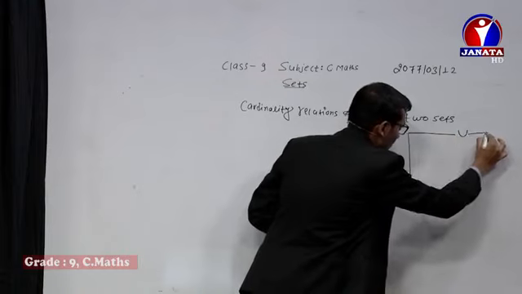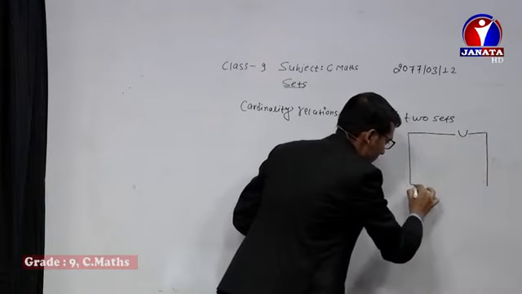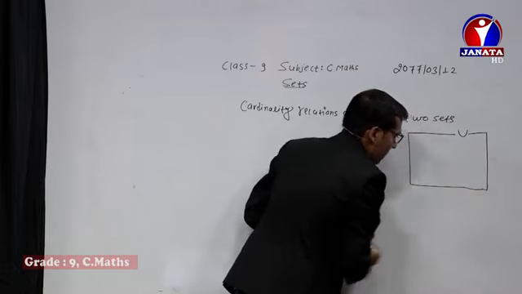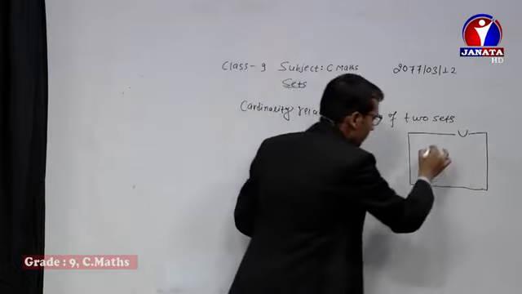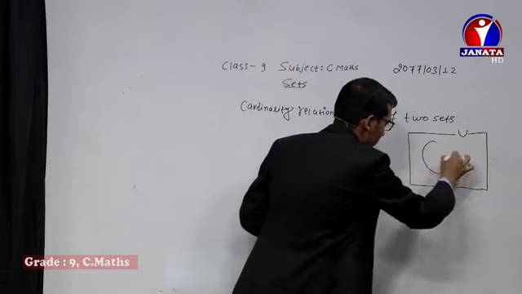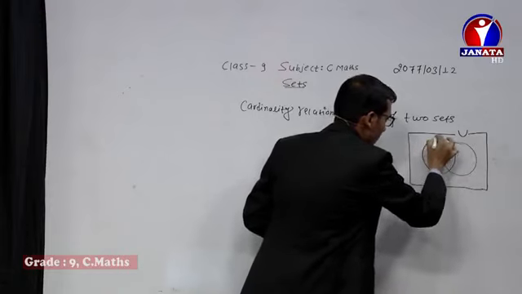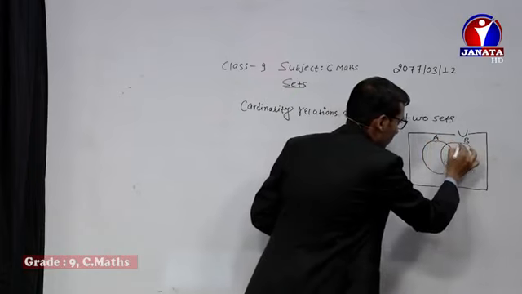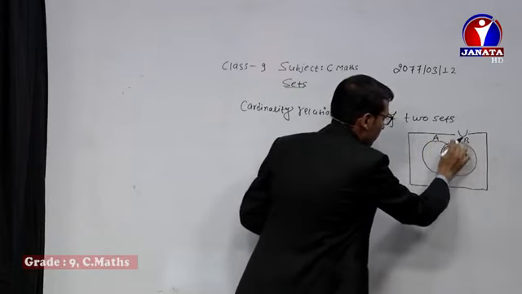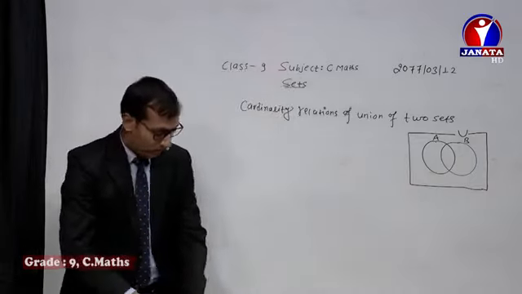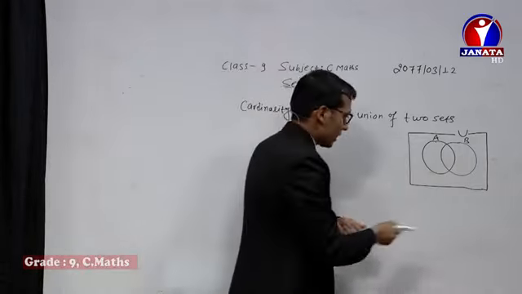Here U is the universal set. I'm taking two subsets of the universal set, A and B. So let's look at the diagram.